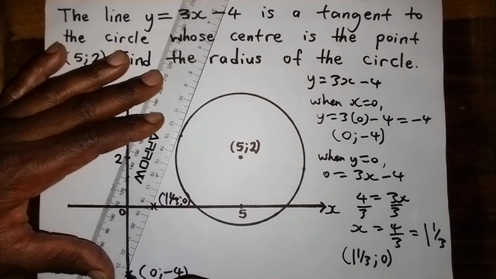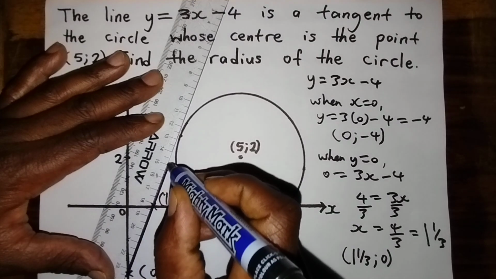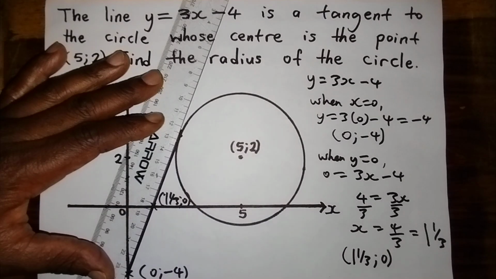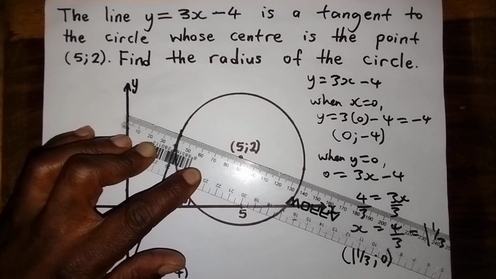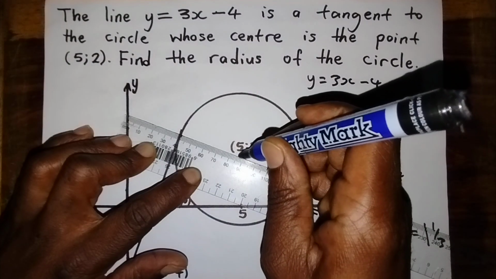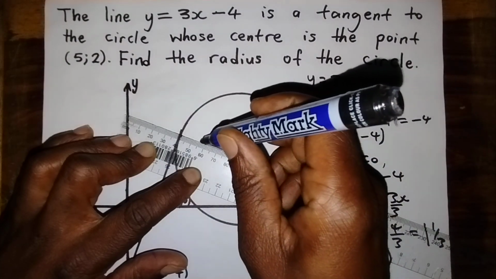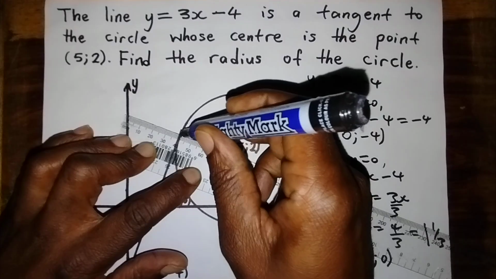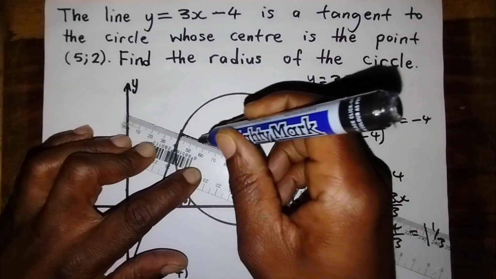Okay, so this is our tangent, till I touch the circle. Remember we want to find the radius of the circle, so I'm going to draw my radius from the center to the circumference so that it meets the tangent which I've drawn.